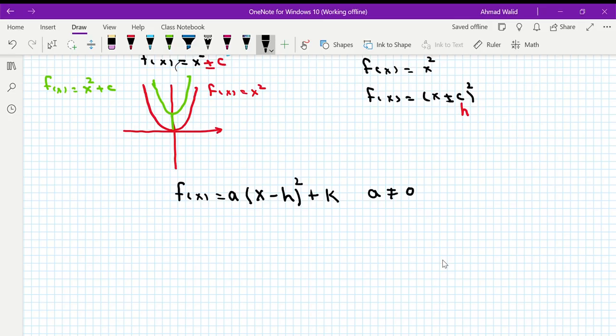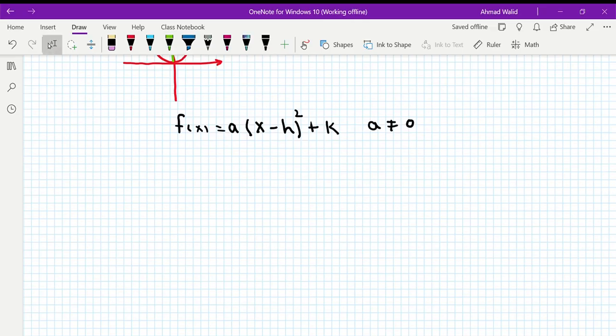Correct? Now, in this standard form, let me introduce each letter that you see in this form. What is the job of a, what is the job of h, what is the job of k? Let me introduce all of them for you. Let's start with a.